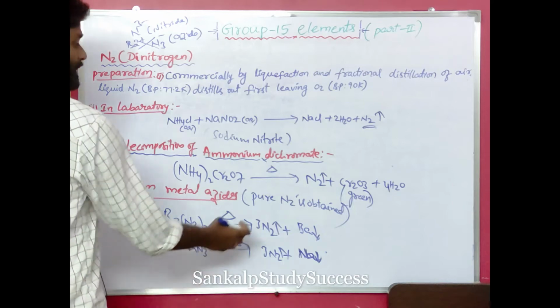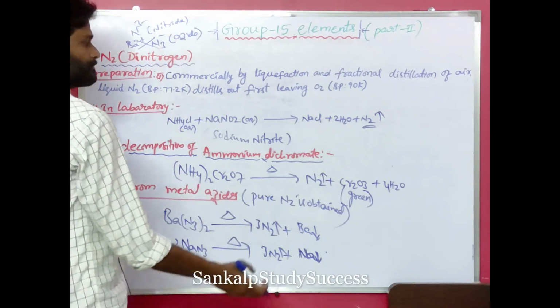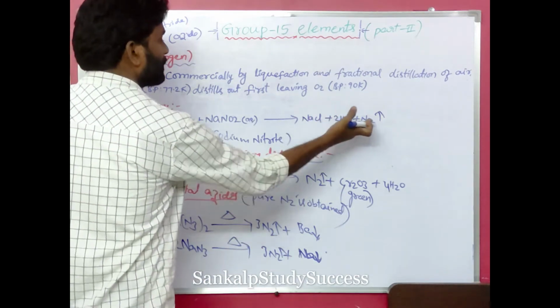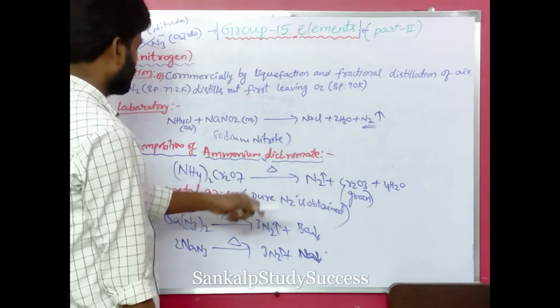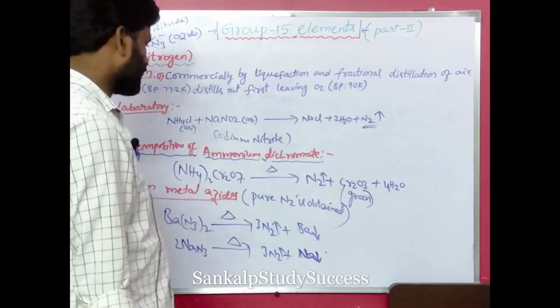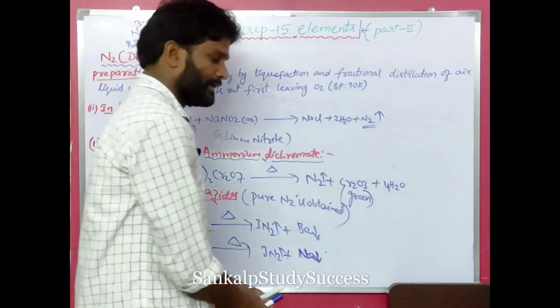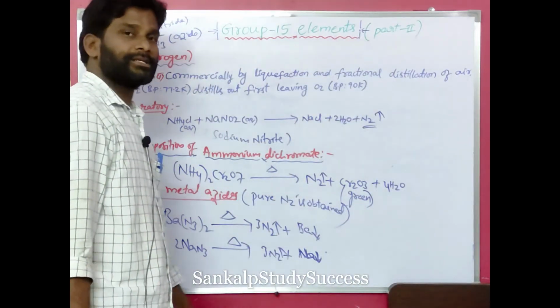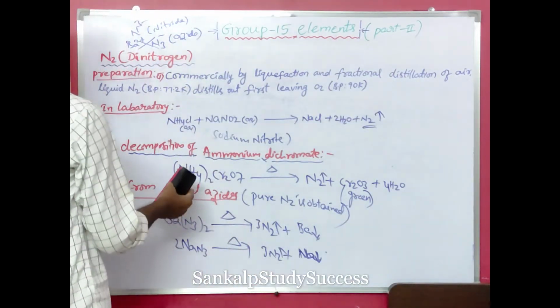This is the pure method, and in the remaining methods a mixture of compounds is obtained. Next I am going to explain the properties of dinitrogen.